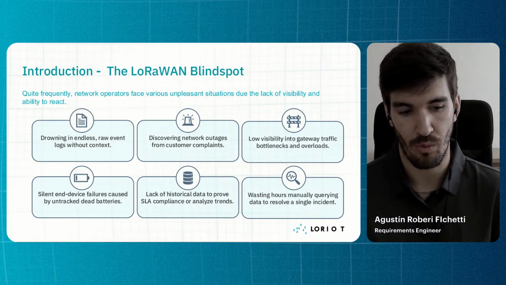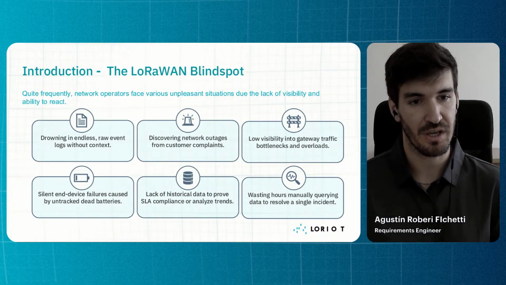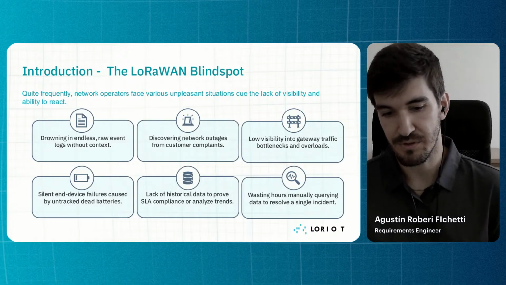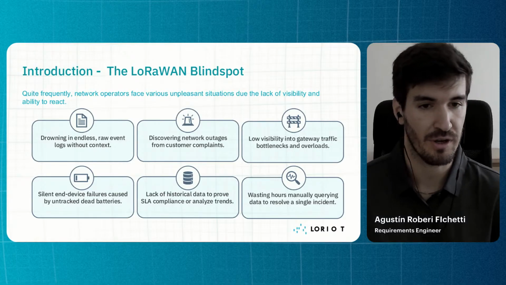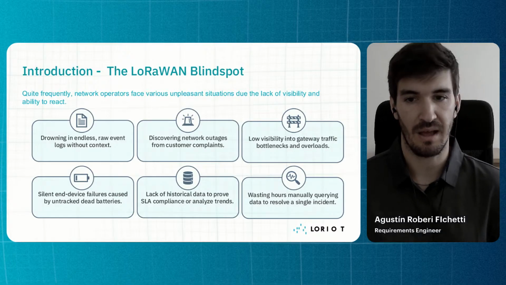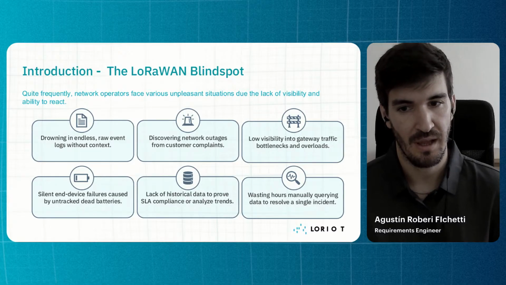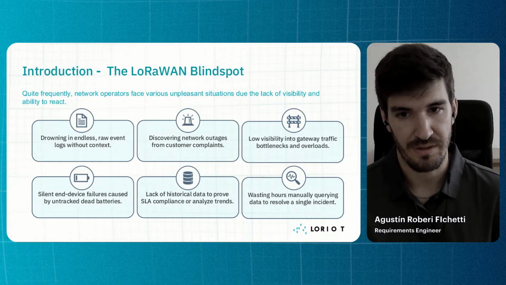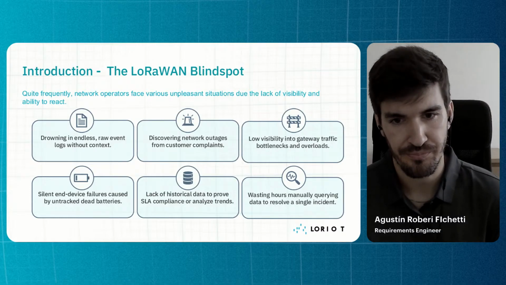It's quite difficult to consistently check the battery status every day or every week. So it may happen that a specific device starts to fail because of the battery degradation, and you don't even know about it, or you didn't suspect it at all. So this is another of these unpleasant situations that we usually encounter.